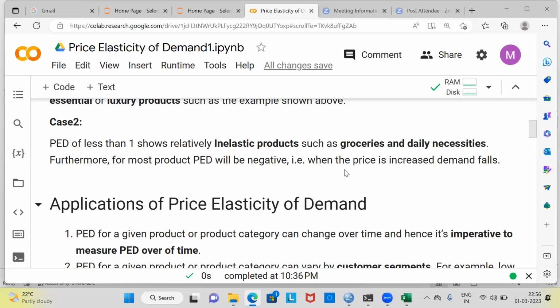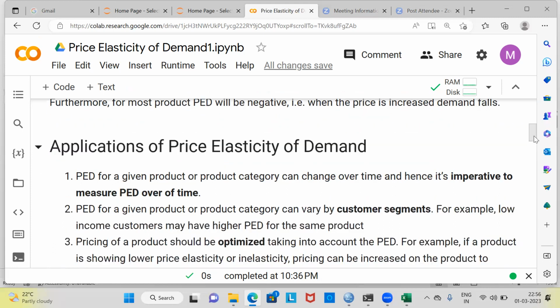Therefore, we expect an inverse relationship between price and demand. And hence, for most of the products, PED will be negative. A curious exception to this rule would be the Giffen goods.